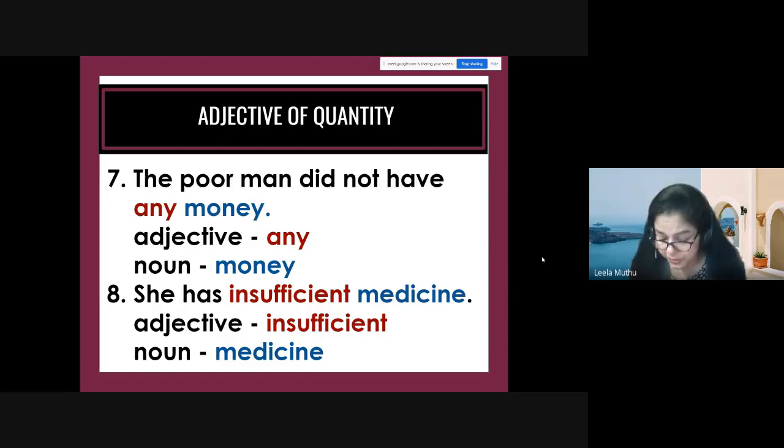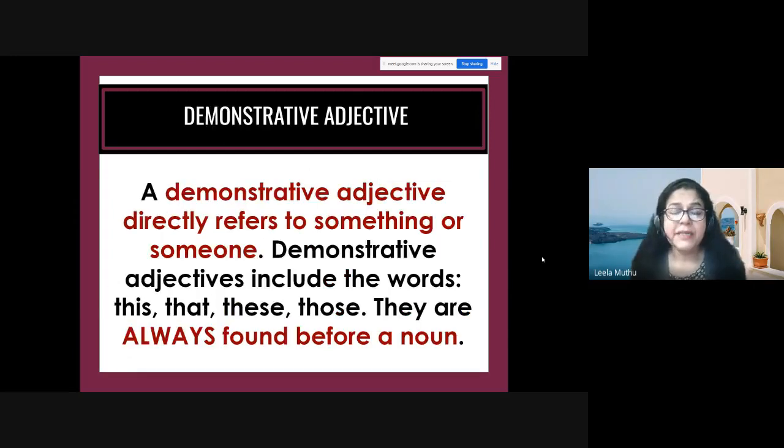So now we're going to go to the different adjective. Demonstrative adjective. These are a kind of referring to people, things, or places, or animals, by sort of pointing out to them by using words. Usually demonstrative adjectives are always followed by a noun.